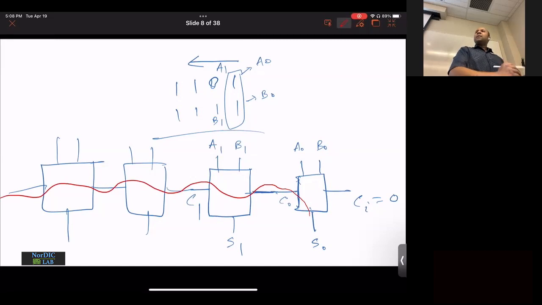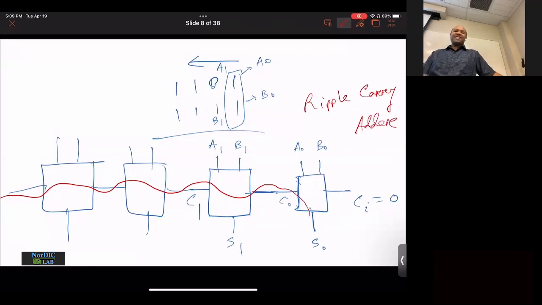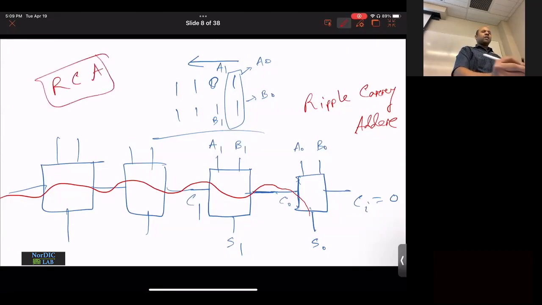That's why it's called a ripple carry adder. I mean, that's a nice name that they came up with. Okay, does that make sense? It's otherwise known as RCA, ripple carry adder, highly used in many applications in real life. This is the adder that you are gonna implement in your course project.